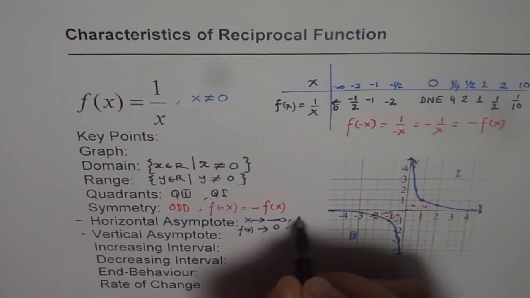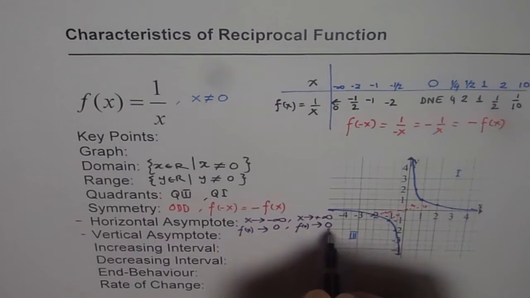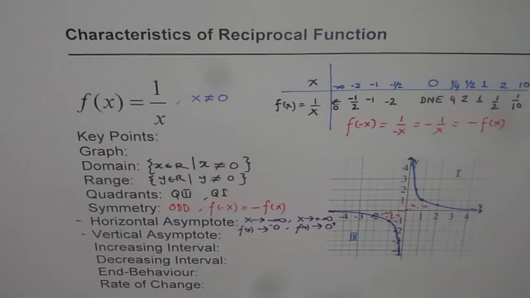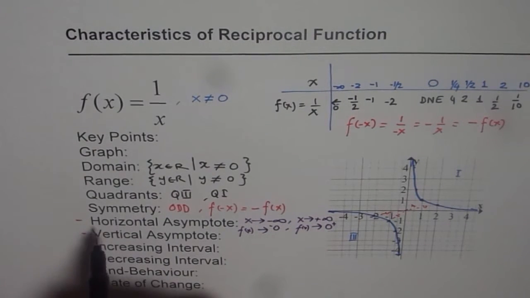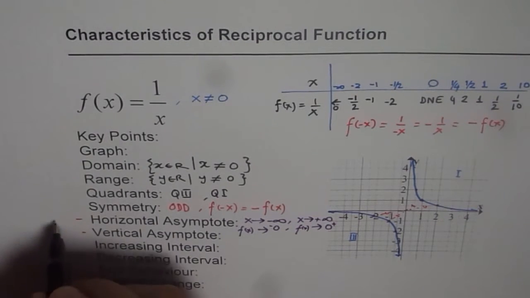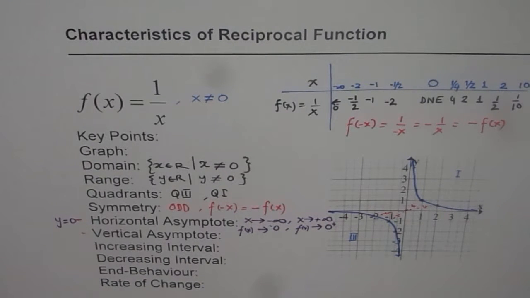We also see that if x approaches positive infinity, f of x actually approaches 0, right? This time from the positive side, earlier from the negative side, correct? But in any case, it approaches 0, and therefore we say it does have a horizontal asymptote, and the equation of the horizontal asymptote is y equals 0.